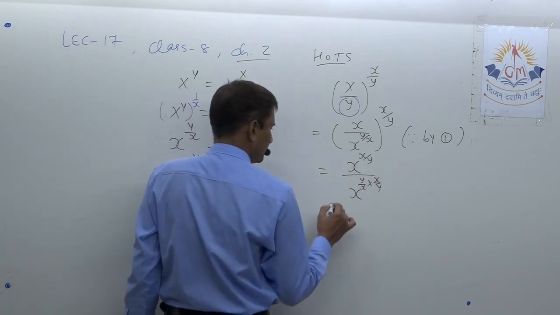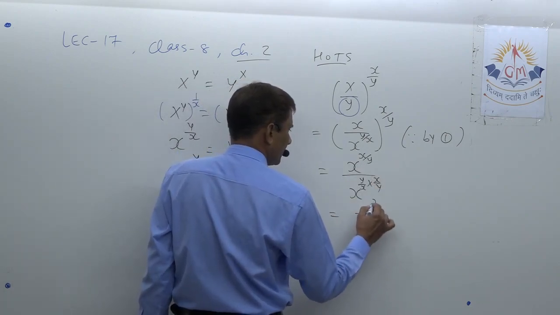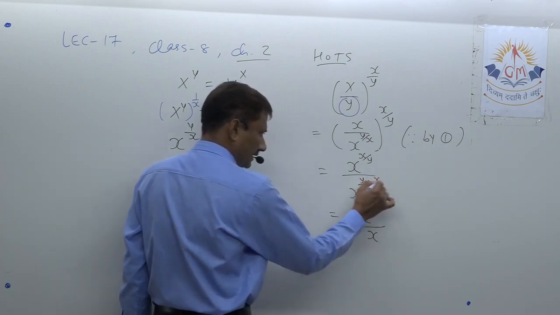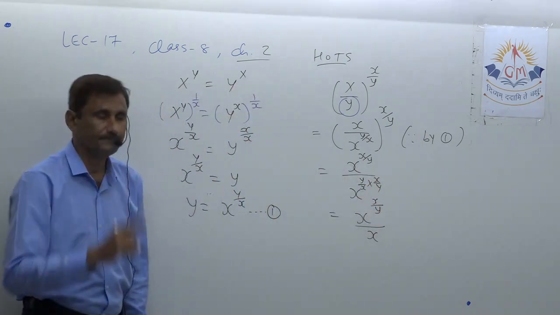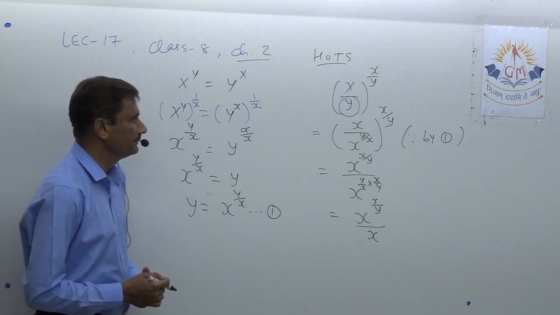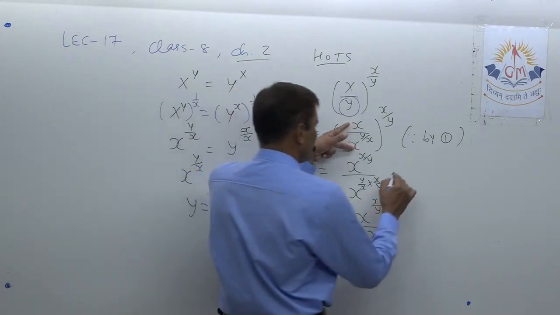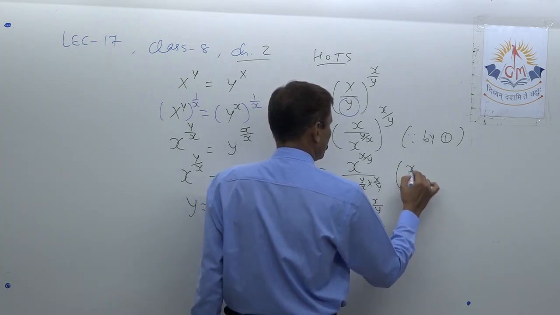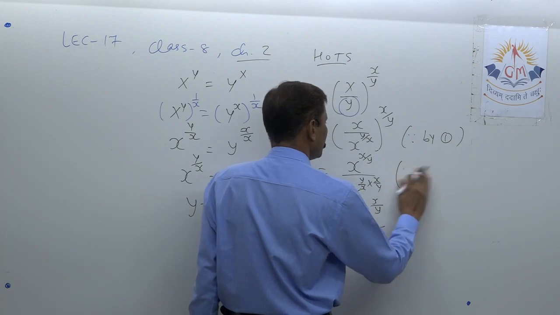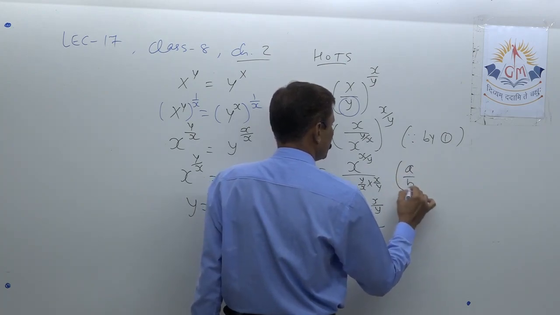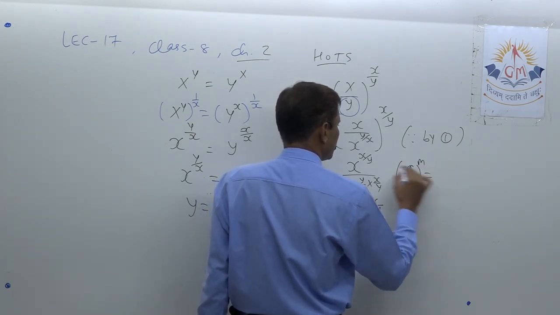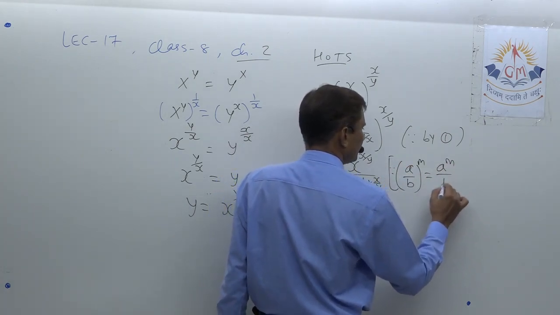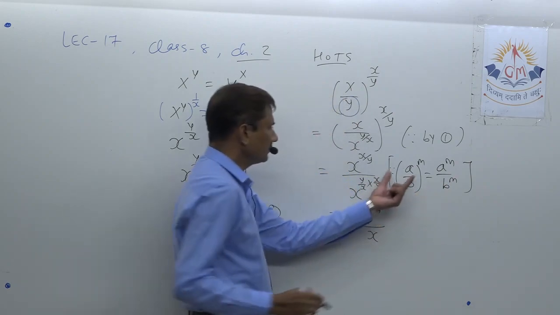Okay, so what happens here? x raised to x by y upon x only. Everything cancels out, raised to 1. And here you can apply a upon b raised to m is equal to a raised to m upon b raised to m as the reason.